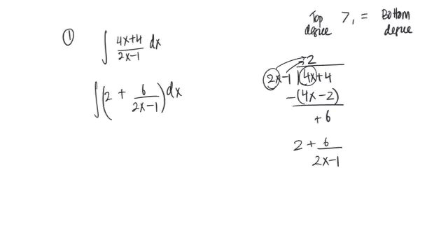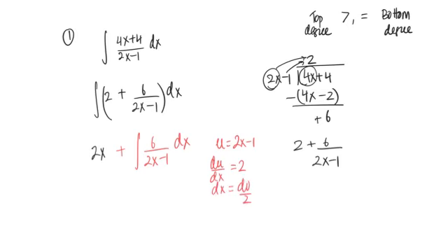The first piece just becomes 2x. The second piece, I'm going to use a U substitution for. And I just make a simple U substitution. U is equal to 2x minus 1. du dx is equal to 2. So dx is du divided by 2. I will come and put that back into my integral here.